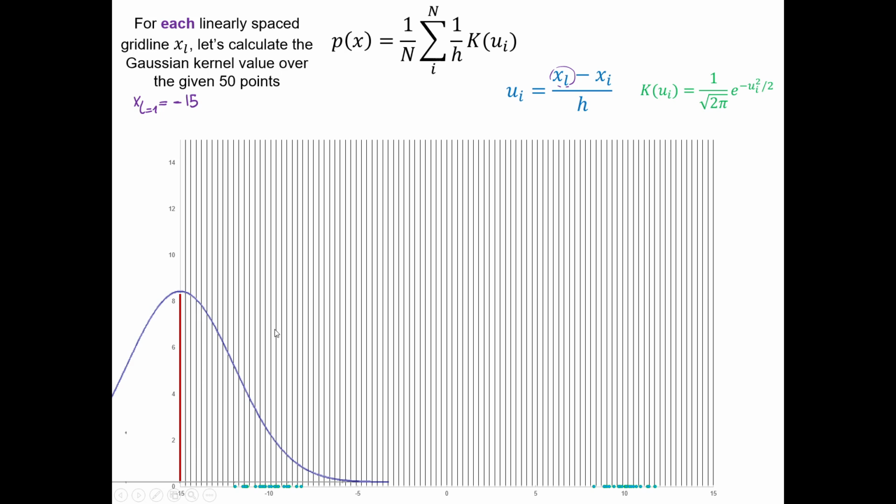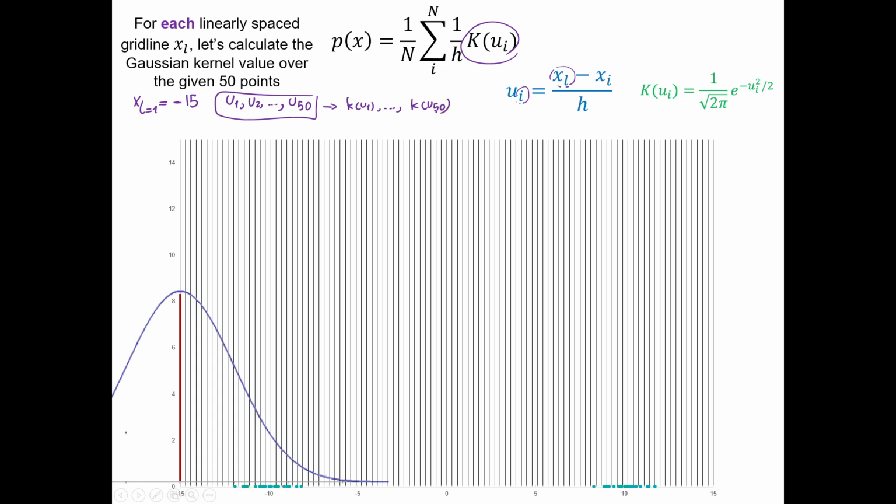What I need to calculate is the U's here, and i is for the number of data points. So I can do it for data point 1, data point 2. What is the last data point? How many do I have? 50 of them. Once I calculate this, I also need to calculate the K of U's: KU1, and the last one is KU50.